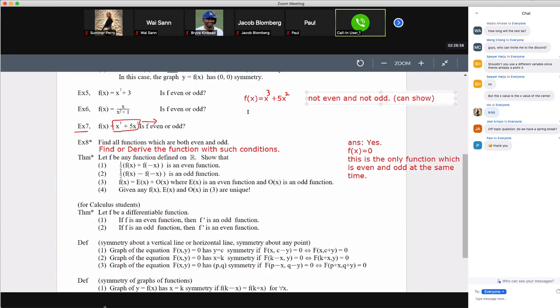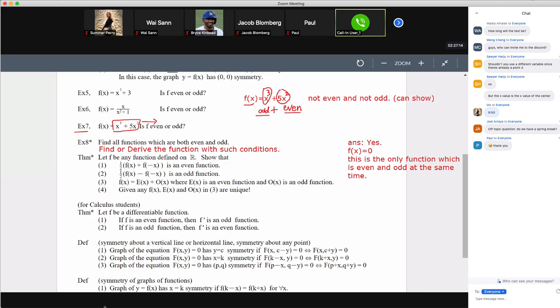Now, what we know is this. Even though this function is not an even function and not an odd function, if you look at this part right here, x cubed, that's actually an odd function. And this part here, 5x squared, is actually an even function. So this function f happens to be a sum of two functions, one even and one odd.